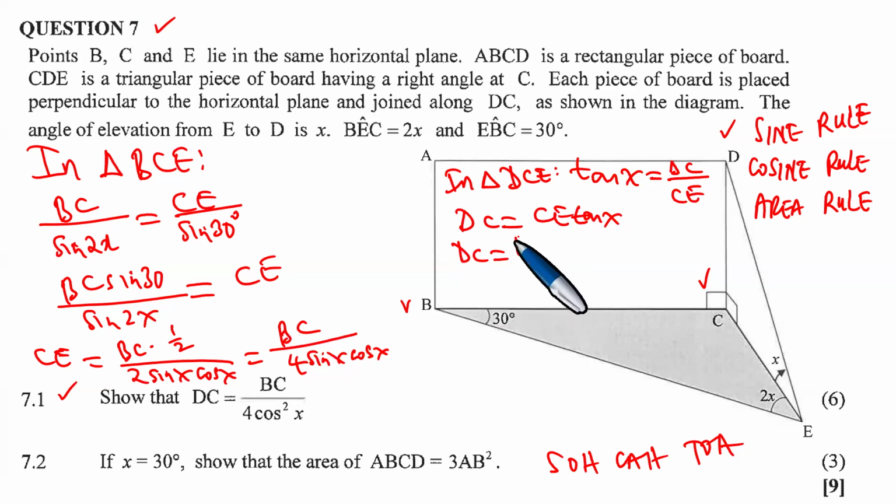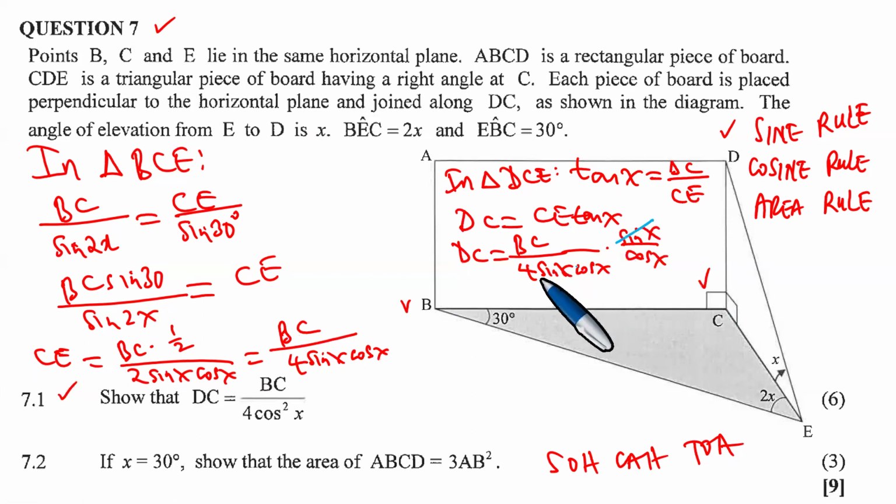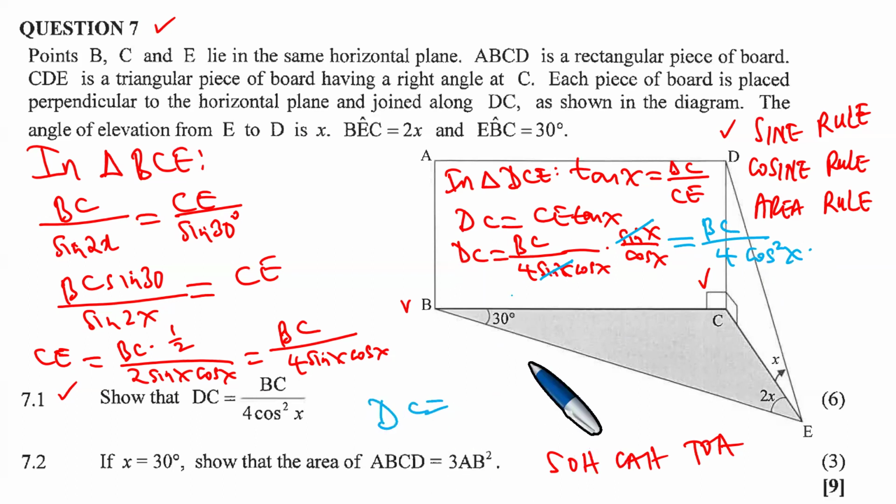CE is BC over 4 sine x cosine x. And then you have the tan x, which is sine x over cosine x. Upon careful examination, the sine cancels out, and we are left with BC over 4, and we have cosine squared x. So we have been able to establish, therefore, that DC is actually BC over 4 cosine squared x.